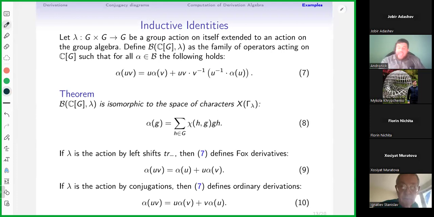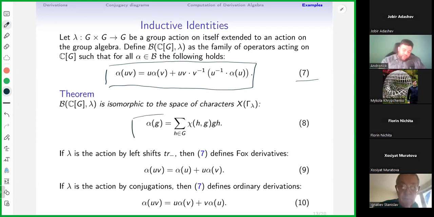If you take any group action on itself, not, for example, a conjugacy, then you can define the following family of operators, and each operator which acts on a group algebra and satisfies the identity 7 can be written with the help of a character on the corresponding action groupoid by formula 8.